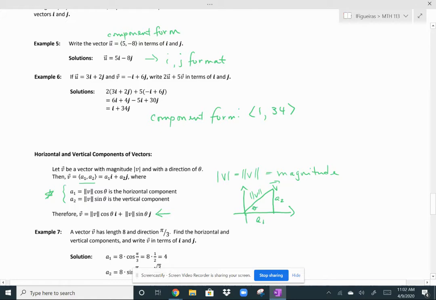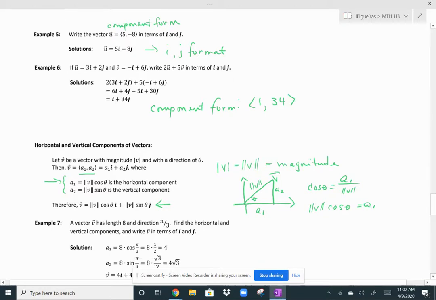Well, to find a sub 1, the appropriate trig function would be cosine, because cosine of theta is adjacent over hypotenuse, which is the magnitude. If you solve for a sub 1, you multiply both sides by the magnitude, so you get magnitude cosine of theta equals a sub 1. That's the first formula right here.